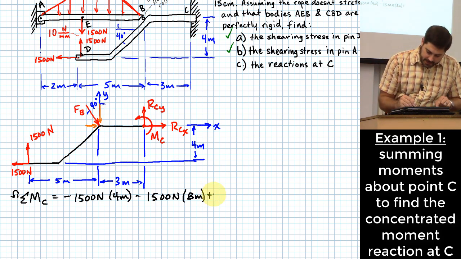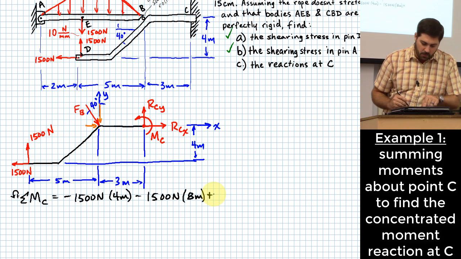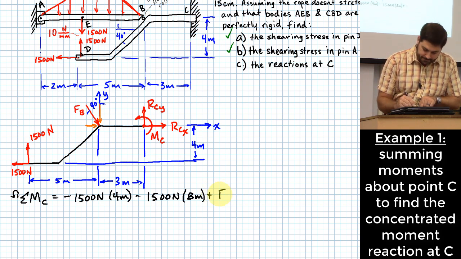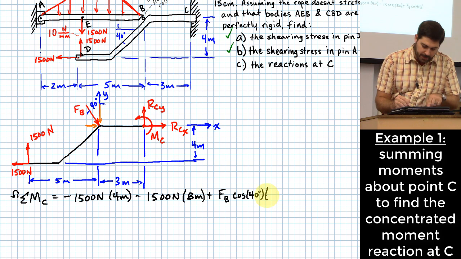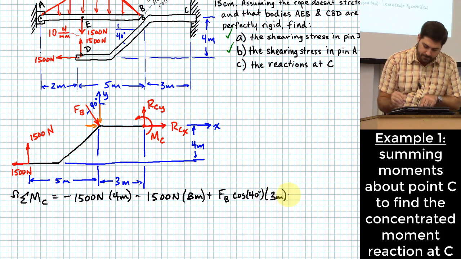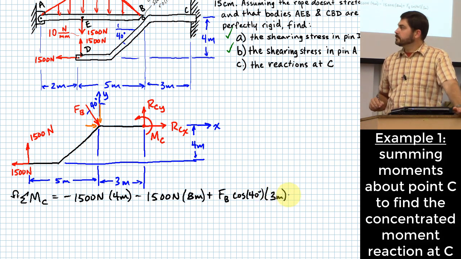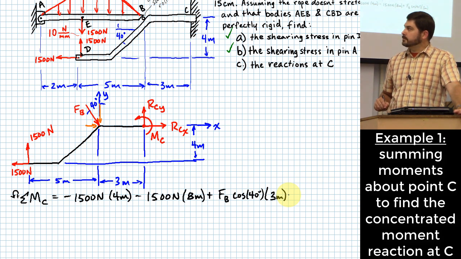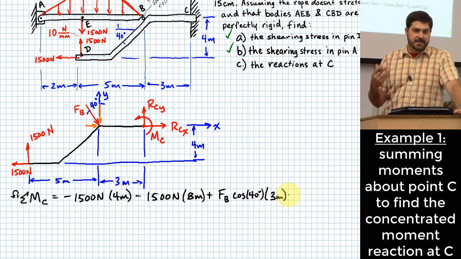And it acts in a counterclockwise way around point C. So FB times the cosine of 40 degrees gives me that vertical component, and we'll multiply this by 3 meters. Okay? Good job.